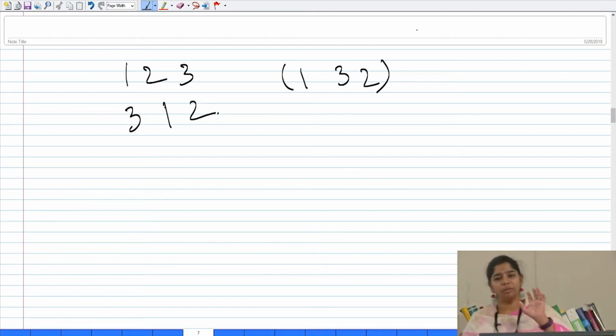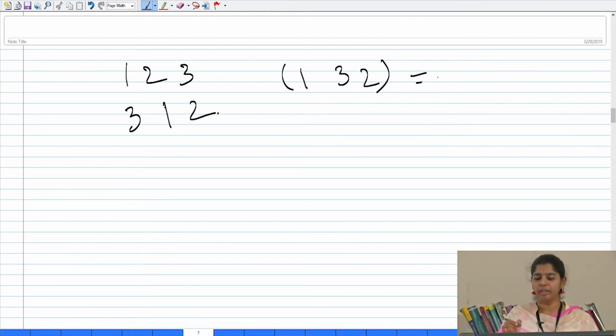So, given any cycle, we can write every cycle as a product of transpositions. What is a transposition? It is just a 2-element permutation. You only transpose 2 elements, you fix all the other n minus 2 elements, that is a transposition. So, every permutation can be written as a product of cycles and transpositions. This is a very standard theorem you would have studied in basic algebra.